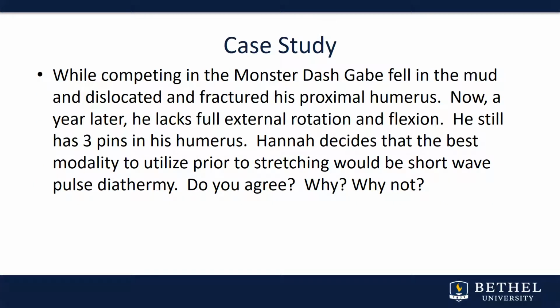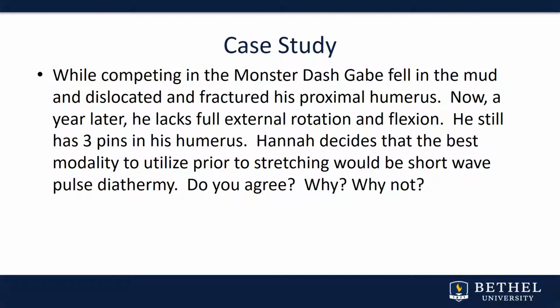Let's go back to our case study. So we have Gabe, who is now a year later lacking range of motion in his shoulder. He's got 3 pins in it. So in regards to what did we learn about diathermy, should we use this? Well, we know that this is a large area that has some significant decrease in range of motion.